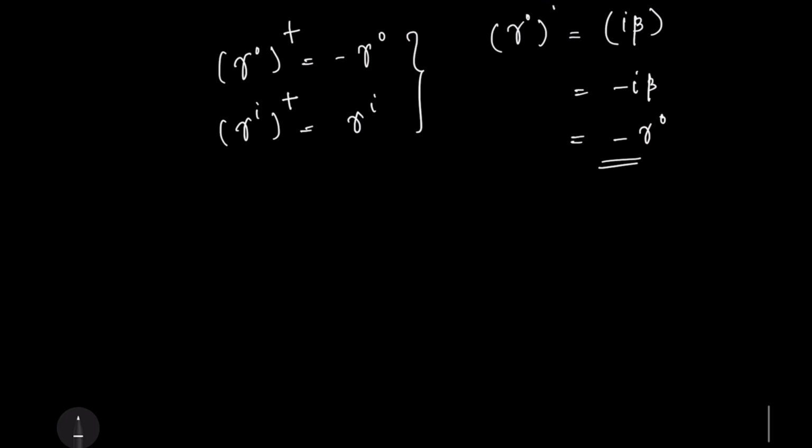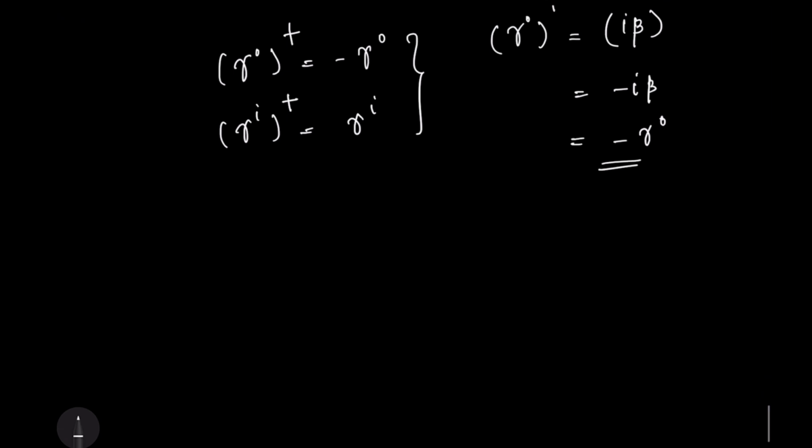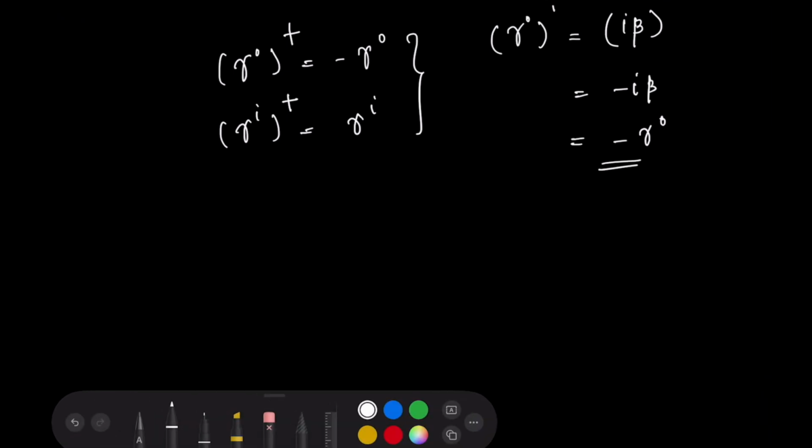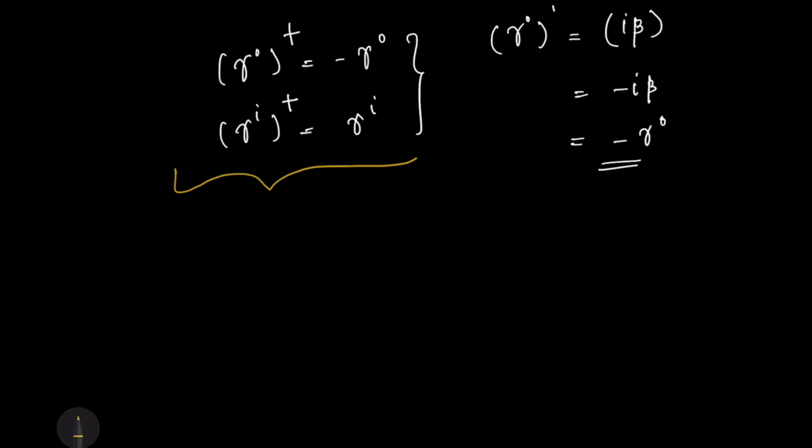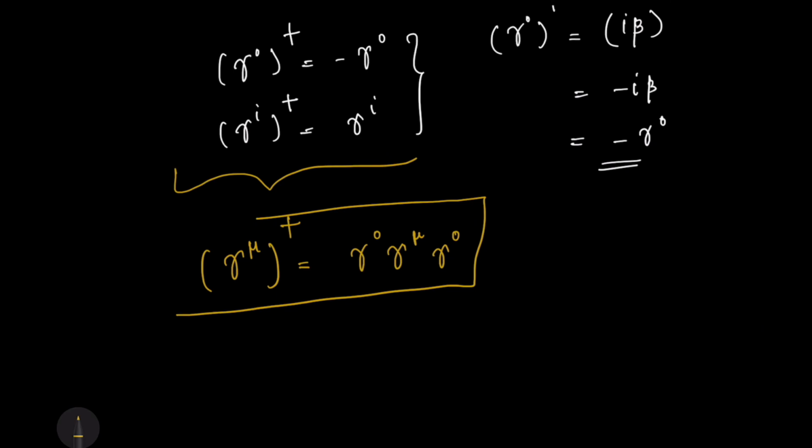So you'll get gamma I because there is already a minus there. Fine. So these two in general I can represent by gamma mu dagger is equal to gamma 0 gamma mu gamma 0. Okay, this is also an important property, the fourth condition.